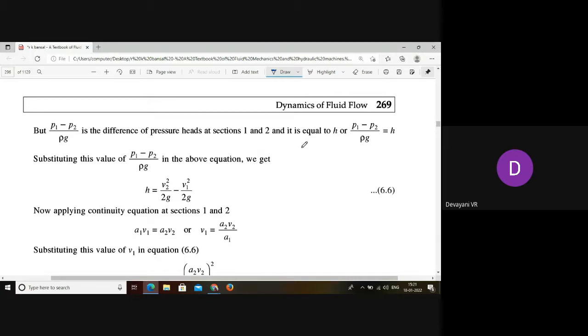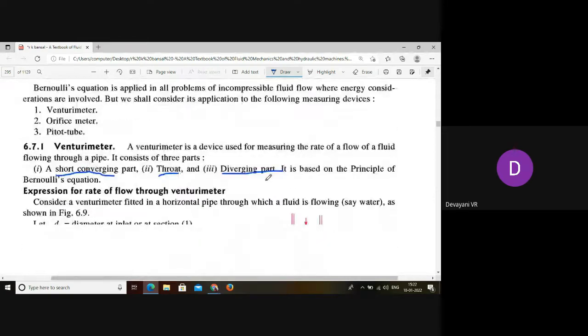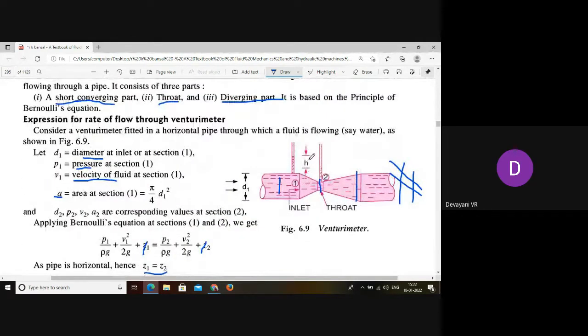So that is what we have seen in the figure. This one here, what is H? H is nothing but the pressure head difference between two piezometers, isn't it? So this is H, right?